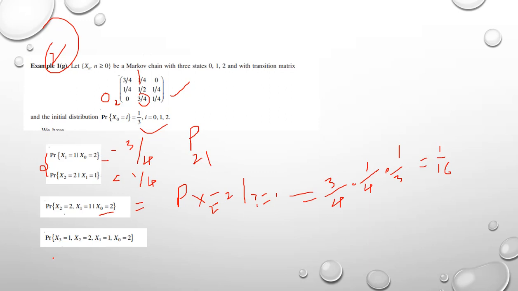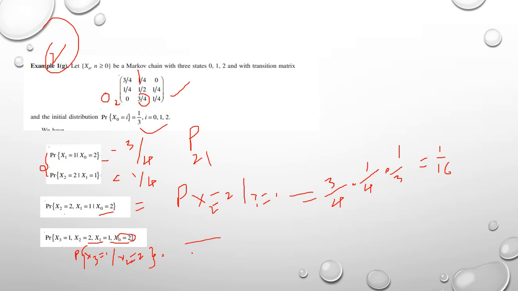For finding this value, you can use the formula, or calculate it directly. See how we can calculate: X3 equal to 1, X2 equal to 2, X1 equal to 1 and X0 equal to 2. We can write it as probability of X3 equal to 1 given X2 equal to 2, multiplied by the X2, X1 relation and the X1, X0 relation, and finally the probability of X0 equal to 2.